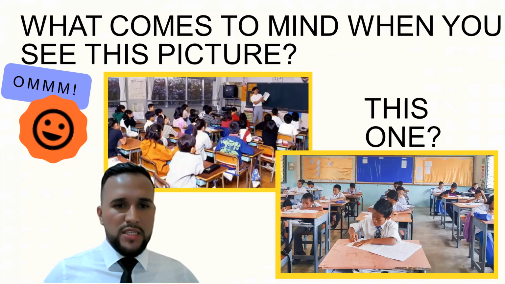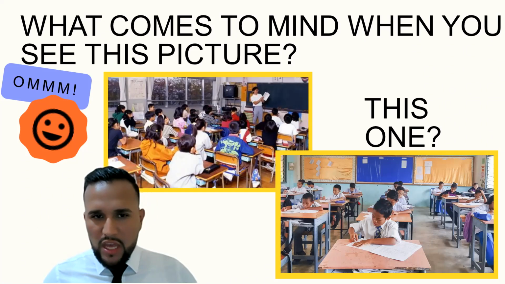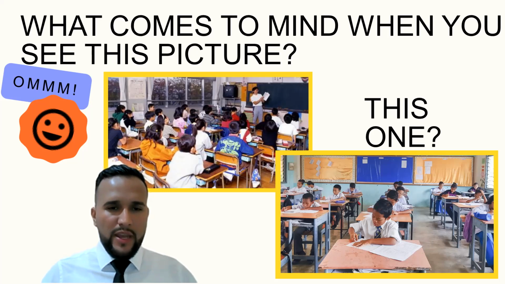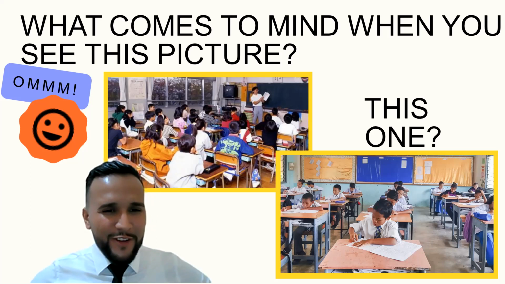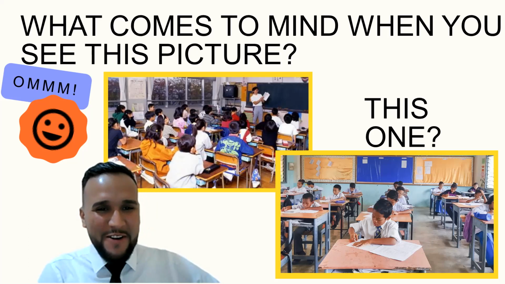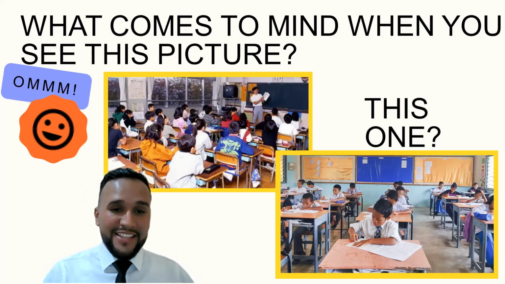It is organized in lines and students are working. They're doing the same thing. And in the other one, they're paying attention to a single teacher. If you're very observant too, you might say, well, that's a very old classroom because that TV is very old. And I will say you're very right.